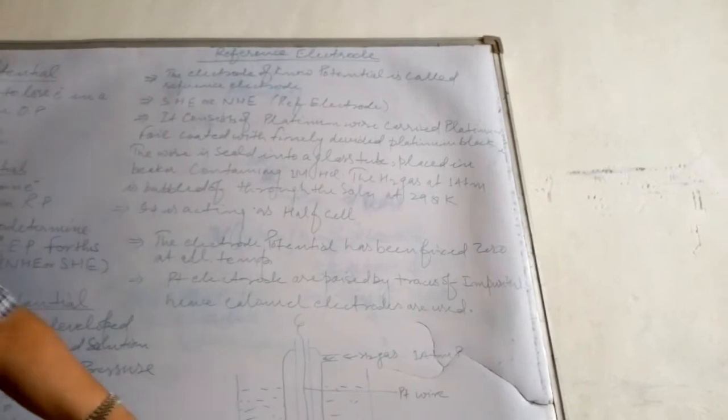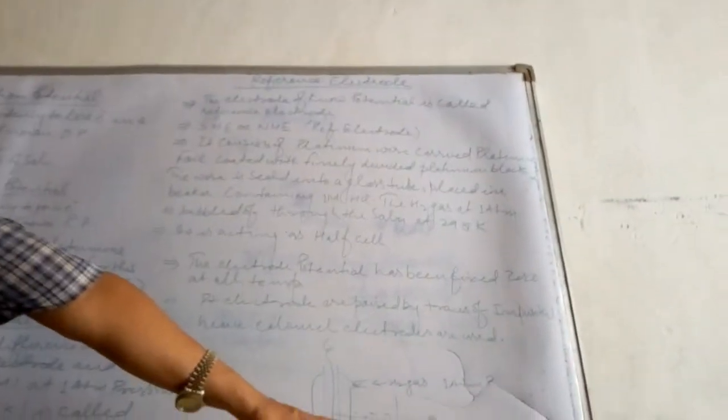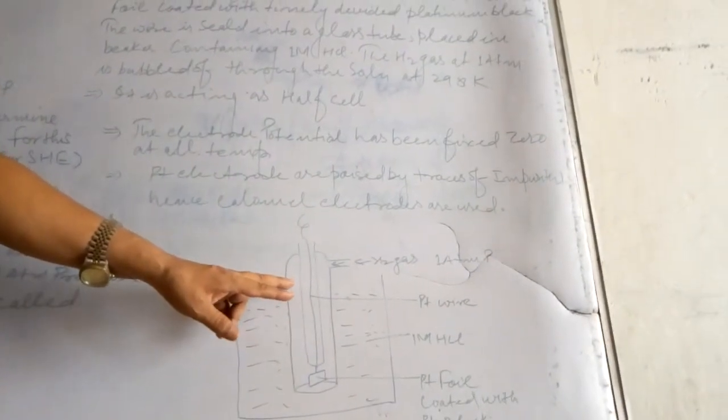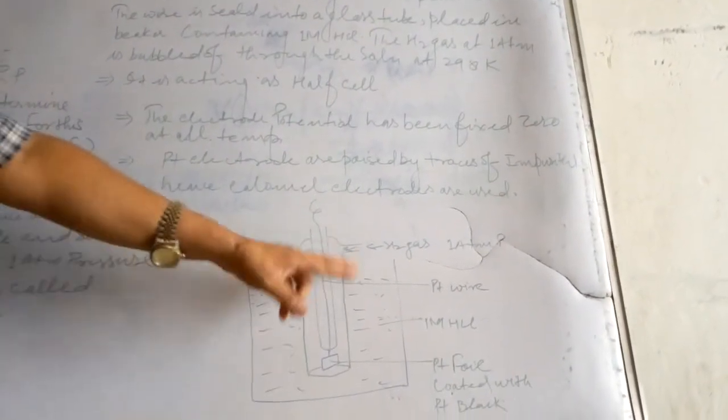The setup of the reference electrode is this one. Children, you see here, this is a beaker or trough filled with 1 molar hydrochloric acid solution, and this is the device so-called SHE. This is a glass sealed tube.